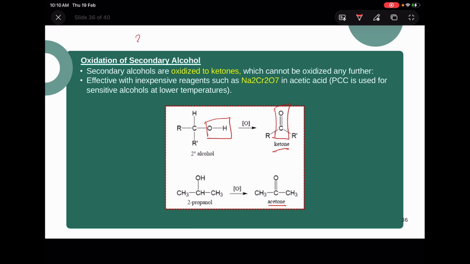Meanwhile, for the tertiary alcohol, when it goes through the oxidation, it will give no reaction. Okay, no reaction. So which means only primary alcohol and secondary alcohol will do the oxidation reaction.